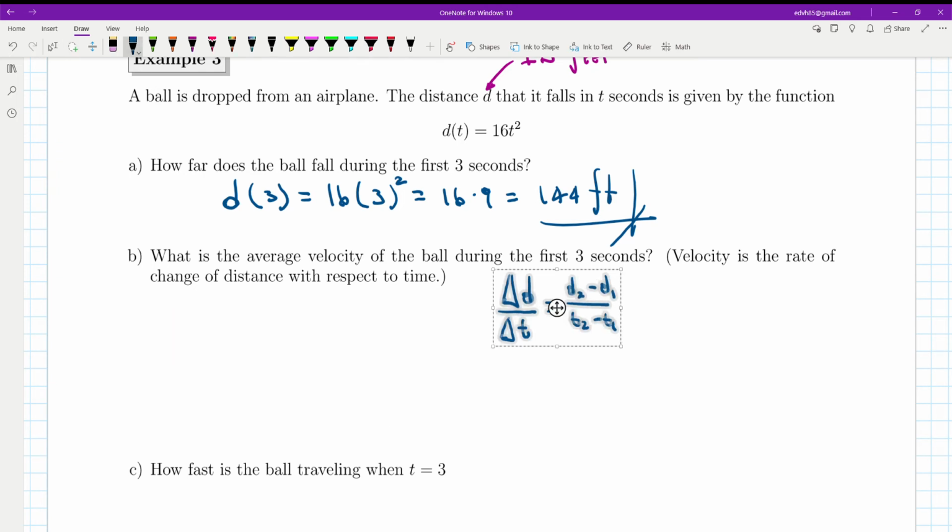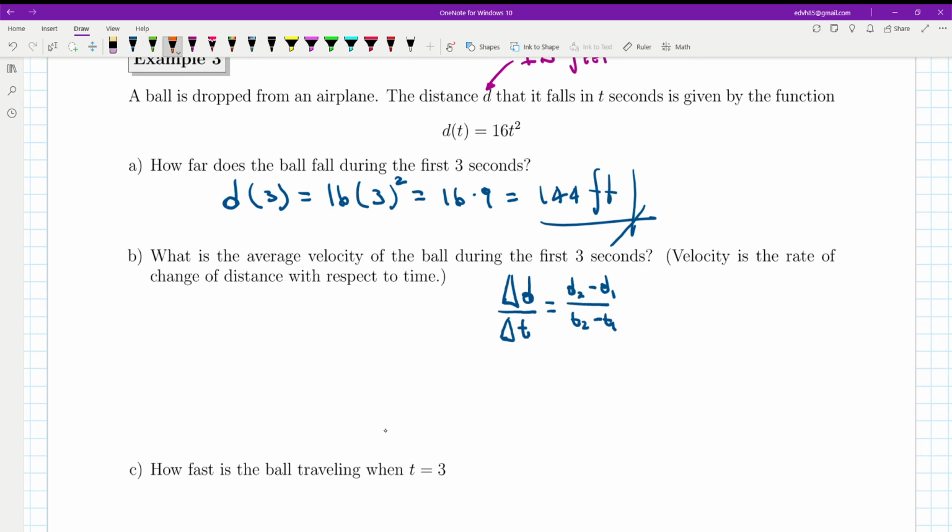So what we're going to do is find the distance during the first 3 seconds, that is from t equals 0 to t equals 3.